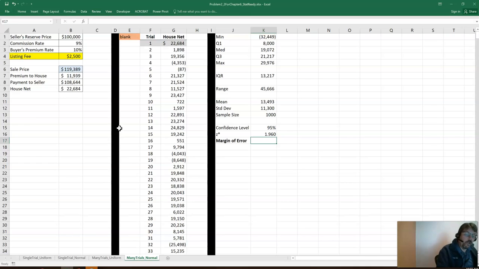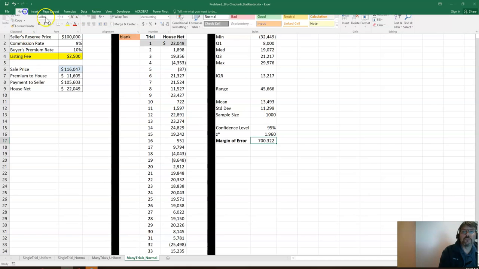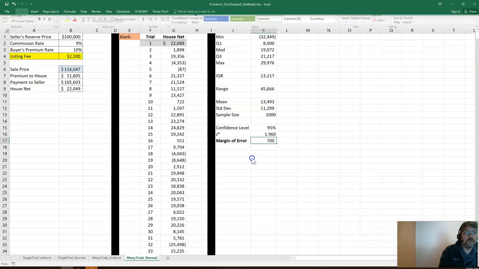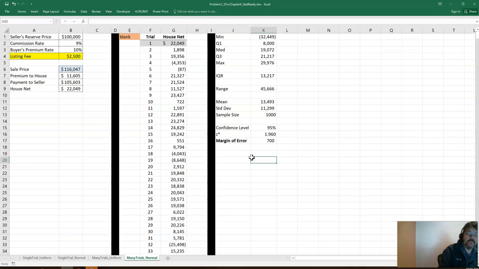And we said the margin of error is your critical z times your s divided by the square root of your sample size. So in this case, if we can say the sale price is normally distributed with a mean of 100,000 and a standard deviation of 16.5, which is a big if, it's a big assumption.